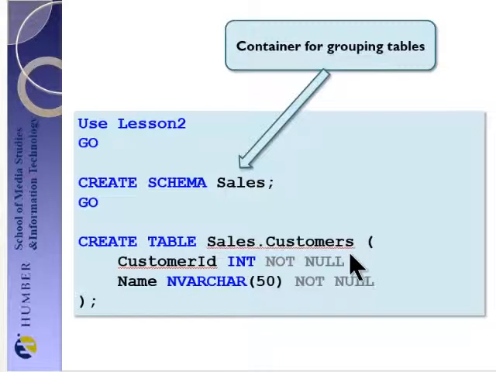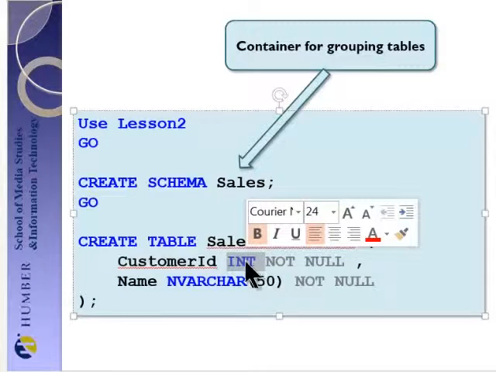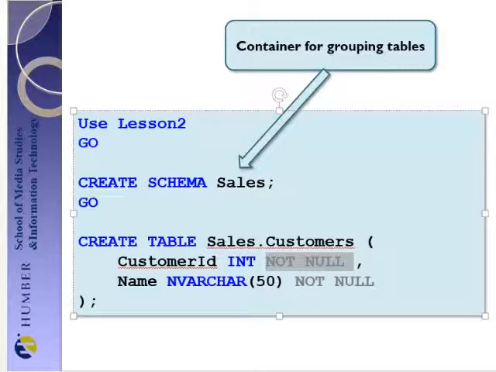In this example, we are creating a table called customers in the already existing sales schema. We are then defining a column named CustomerID, which is of type integer, and the NOT NULL means that this field is required and is not optional.